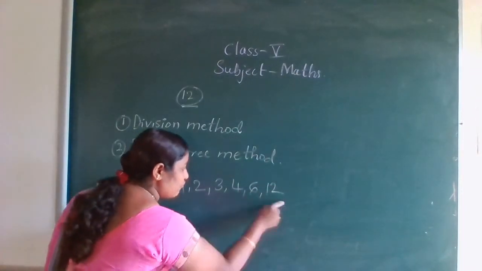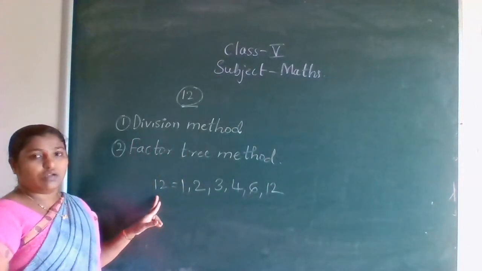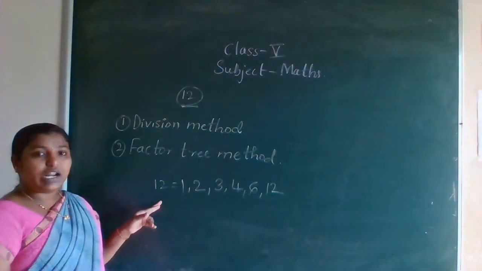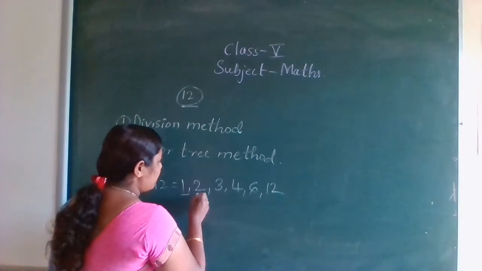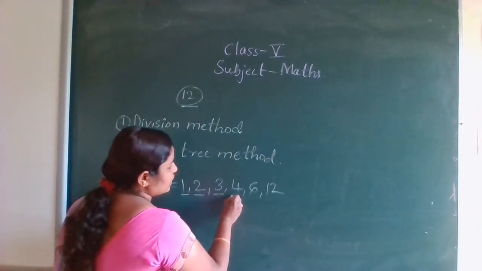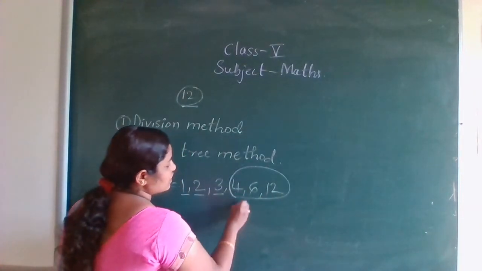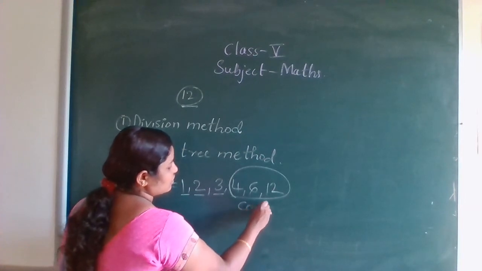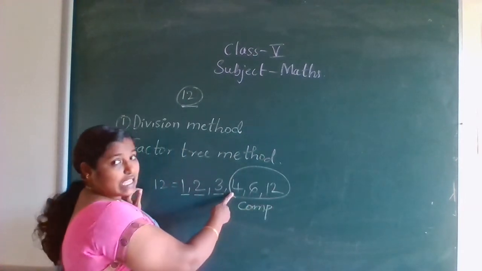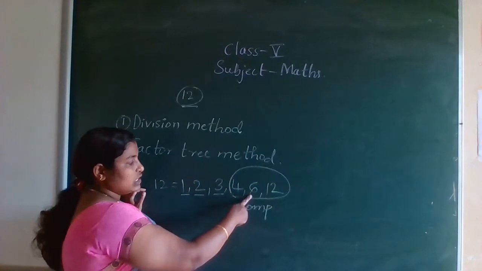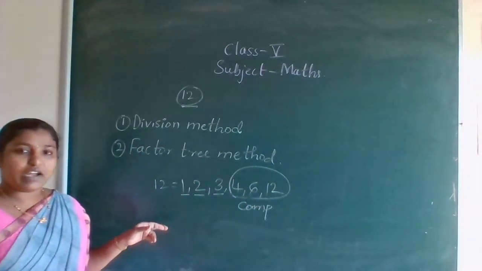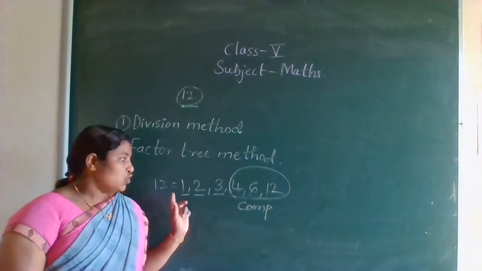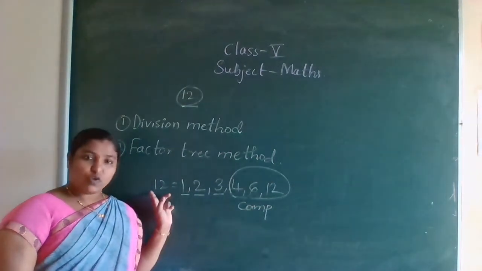Here these are the factors of 12. But we should write the prime factors. What are prime factors? This is prime, prime, prime. These are not prime factors. These are composite factors, because 4 has more than 2 factors, 6 has more than 2 factors, and 12 also has more than 2 factors. So these are just the factors of 12.